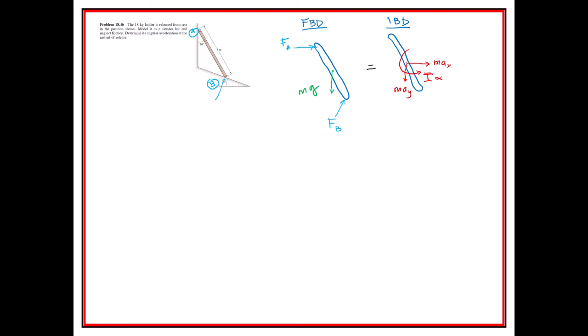All right. We'll start off with where we were to begin with, and say the sum of the moments about some point. Often the best thing to do when you don't have a fixed point is take it about the center of gravity.